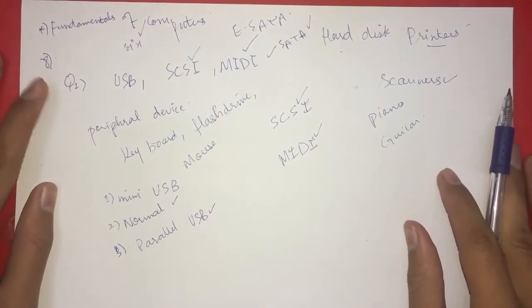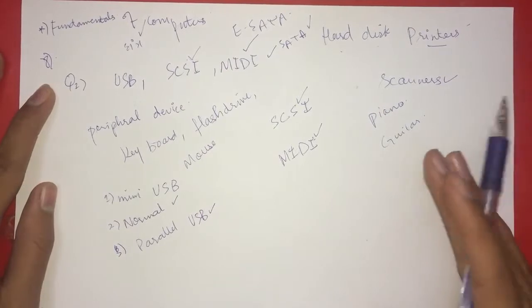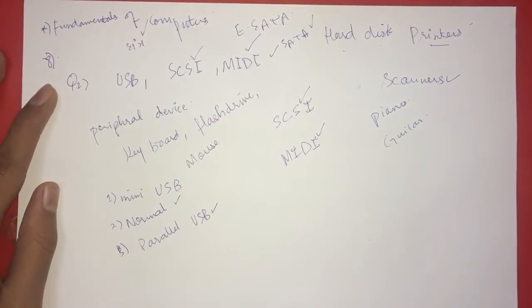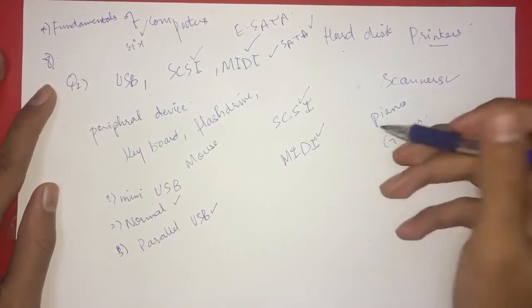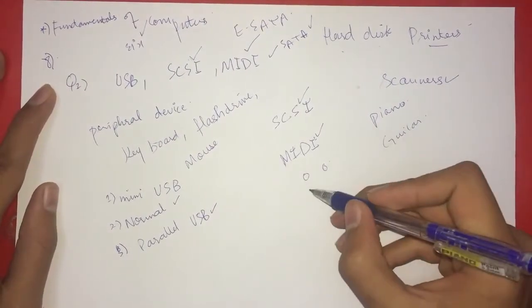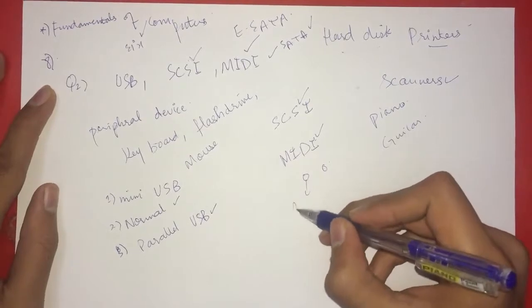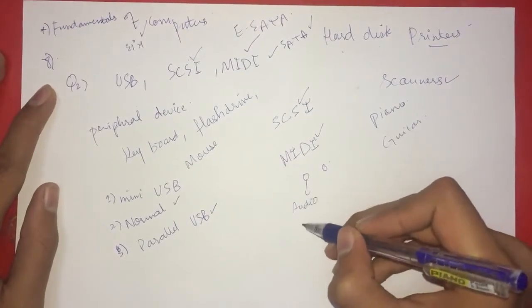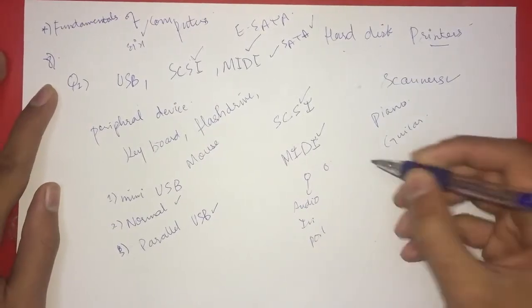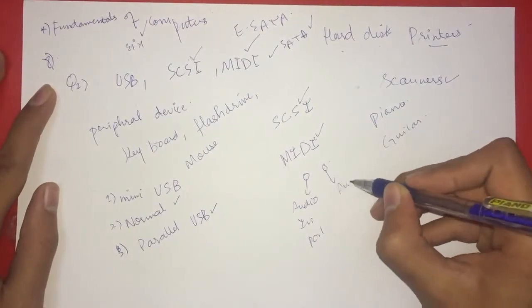So this port lets you connect these musical instrument devices. And why do you want to connect these devices? Because you want to record the sound, or you want to store a sound or a track into the device itself. For example, you have two MIDI ports: one is an audio in port, and one is an audio output.